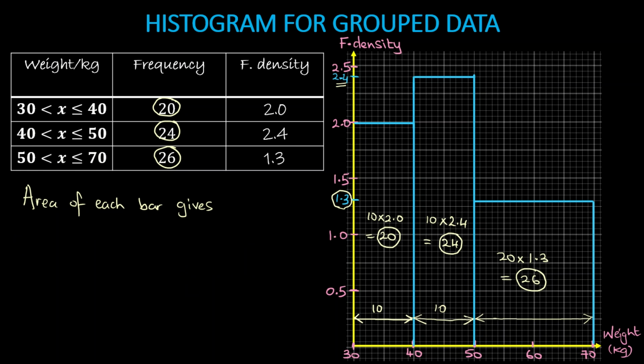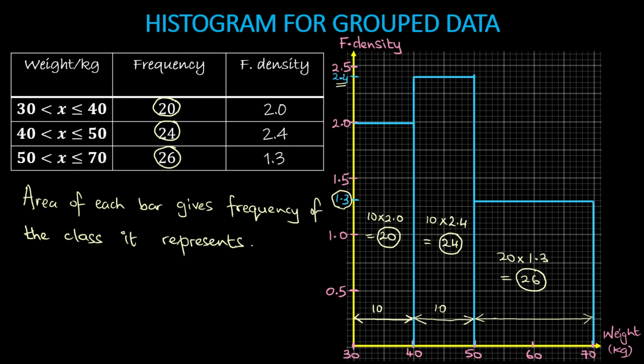So we write down the area of each bar gives frequency of the class it represents, right? This is very important.